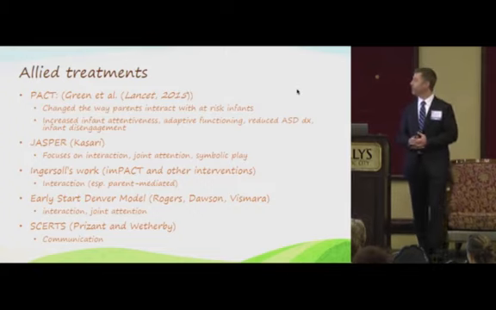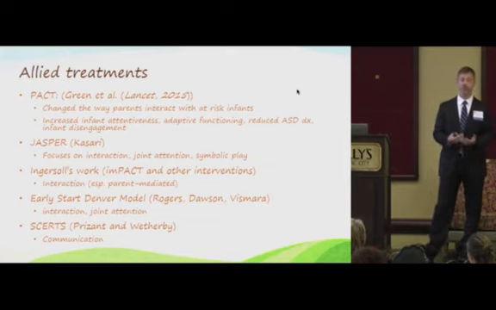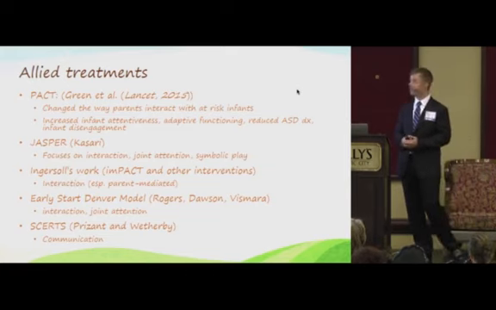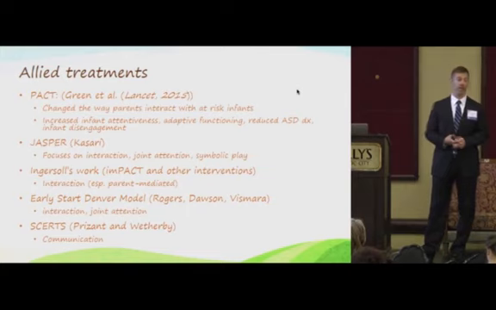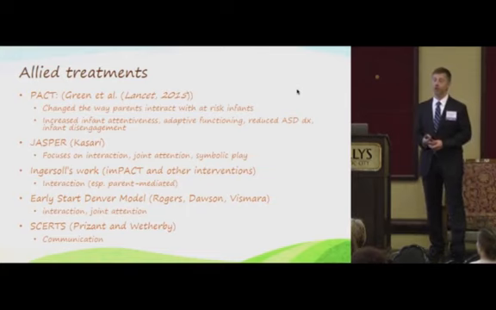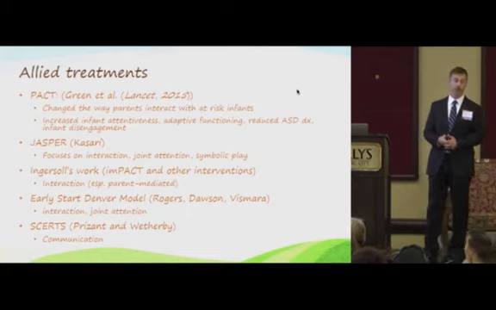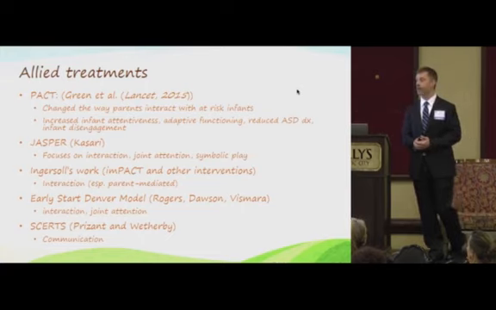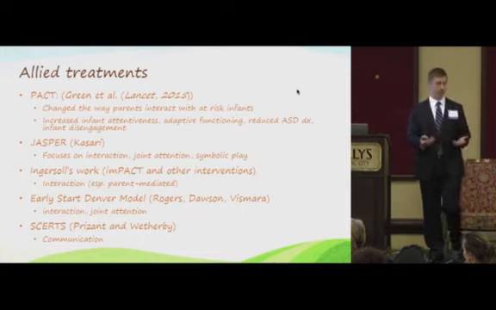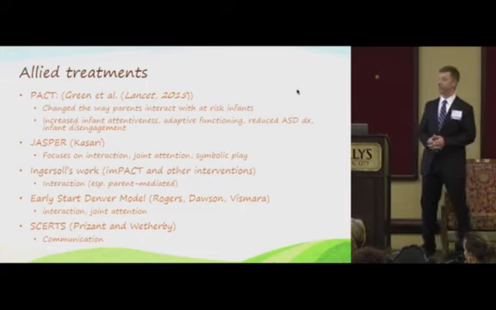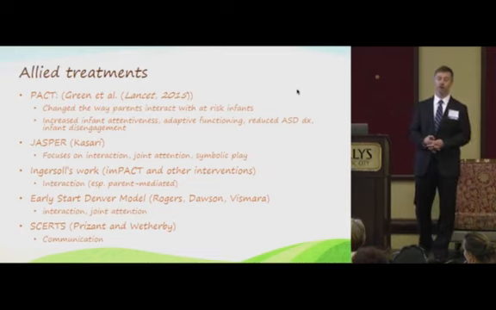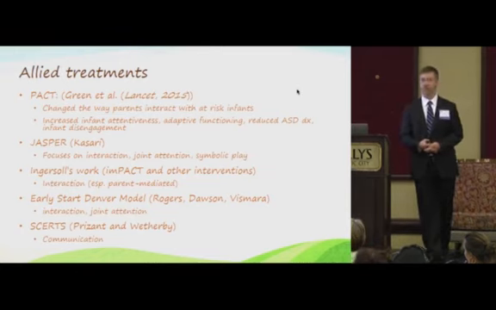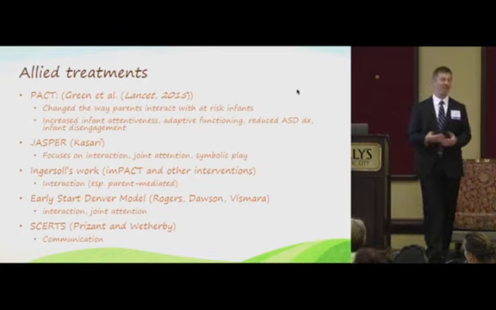And they found significant changes in infant attentiveness. The infants were more likely to attend to the parents. Their adaptive functioning improved. They found an overall decrease in the diagnosis of autism in this group that was at risk for autism. And they found less infant disengagement. So it was less frequent that infants turned away from the parents and tried to get away from parents.